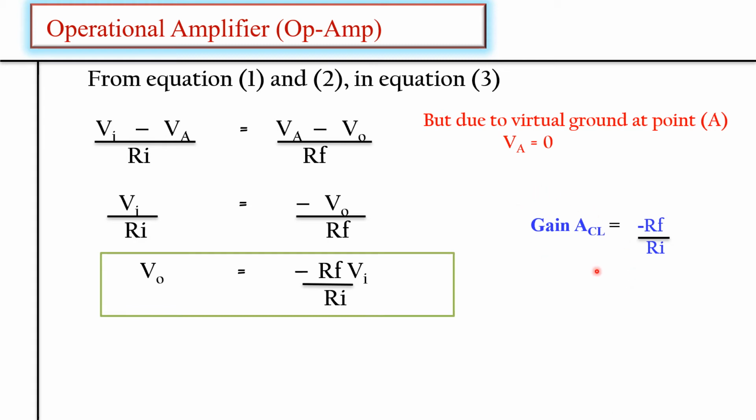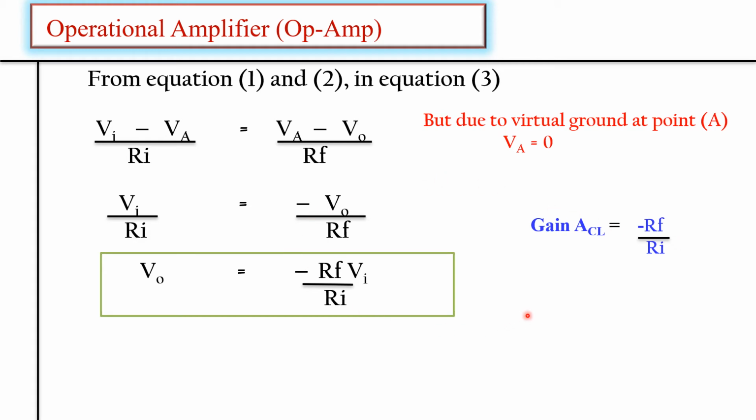Because we are applying negative feedback from output to input, and this expression is known as the closed loop gain for the inverting op-amp configuration. See here, Rf upon Ri. As you can see, just by changing the value of Rf and Ri, we can control the gain of the op-amp, and we can use the op-amp as an amplifier.